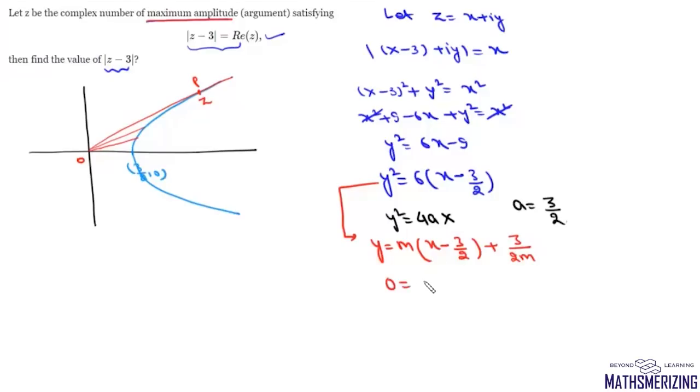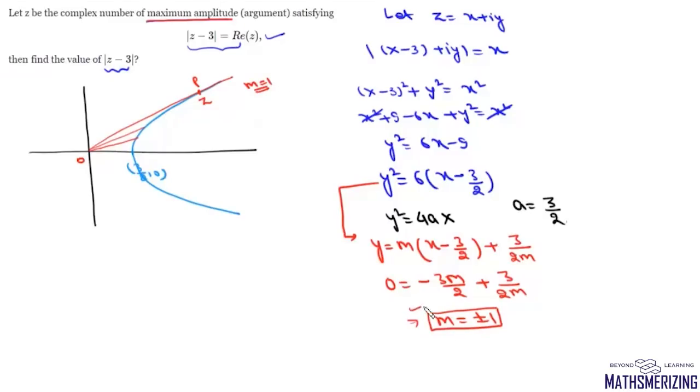We'll get 0 equals minus 3m by 2 plus 3 by 2m. So from here we'll get the value of m as plus or minus 1. Now since we need z of maximum amplitude, we'll take m as plus 1. So for this z, the value of m is plus 1.